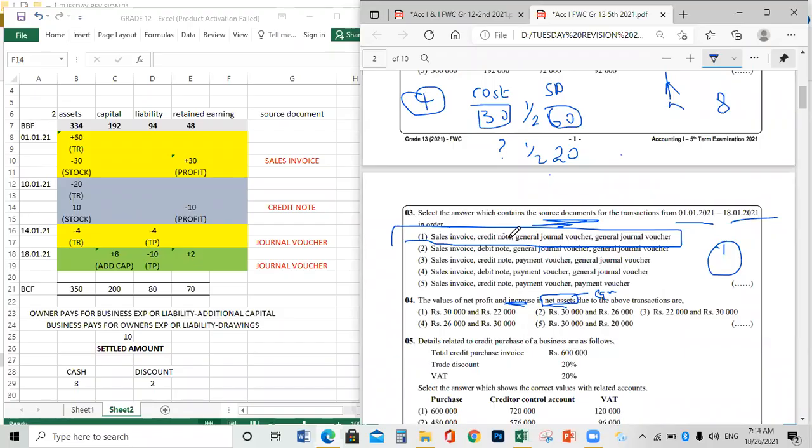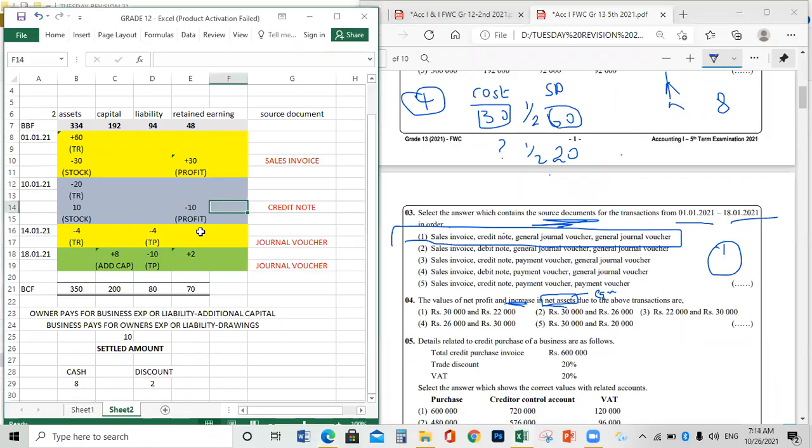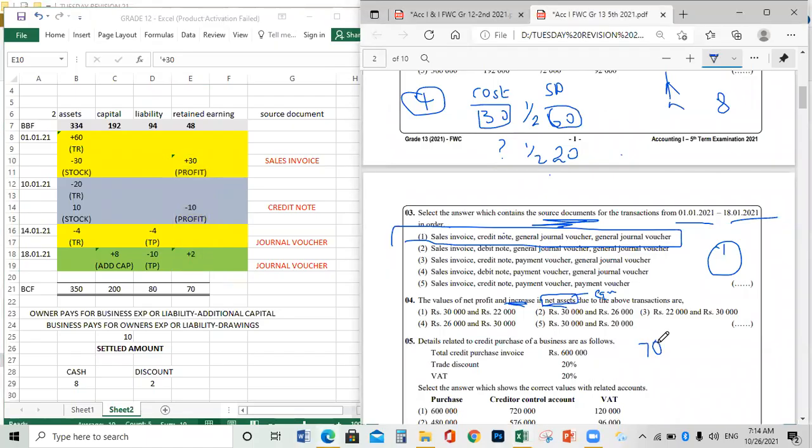So guys, the change in retained earnings during the year will be the profit figure. How much is the profit? Calculate the change. 70,000 is the closing retained earnings. Opening is 48. What is going to be the profit for the year?